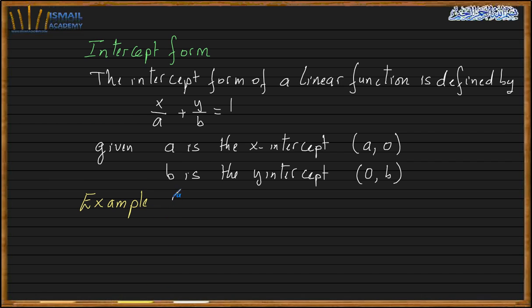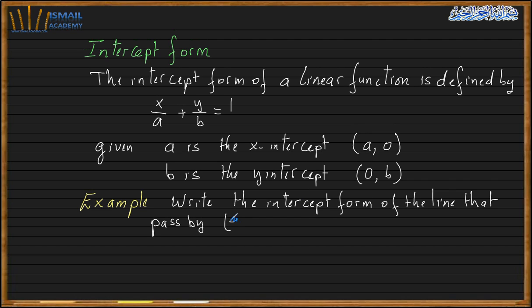Write the intercept form of the line minus 3, 5 with slope 5.